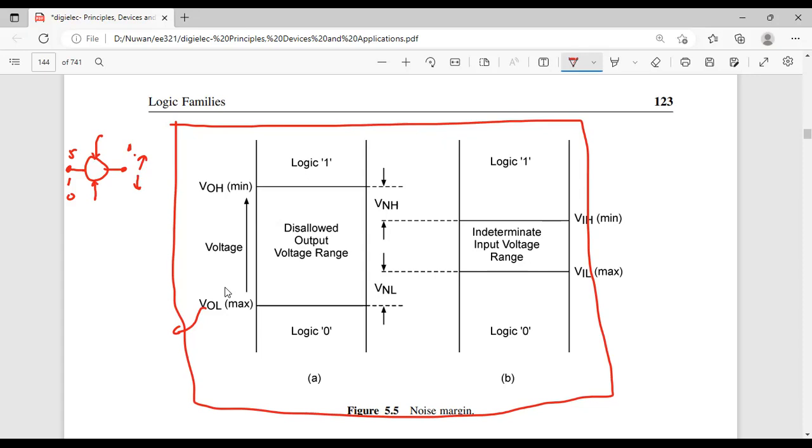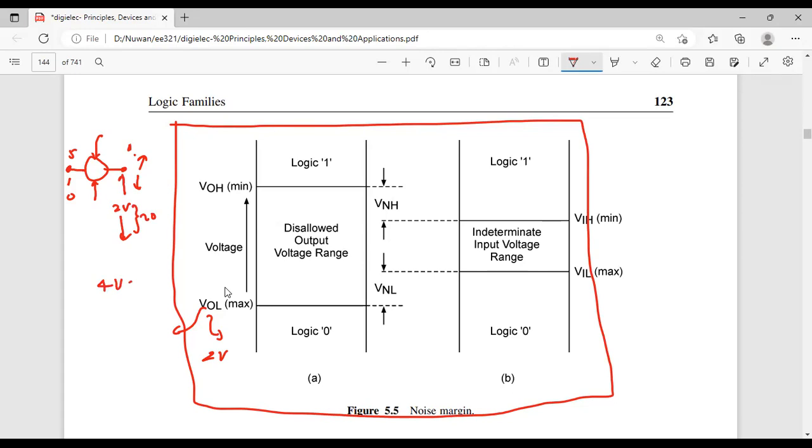This is the maximum voltage for low bit. For example, if the output voltage for low is 2 volt maximum, then if the output is 2 volt or less than 2 volt, that voltage is detected as 0. For the high voltage it should be a minimum value, for example 4 volt.